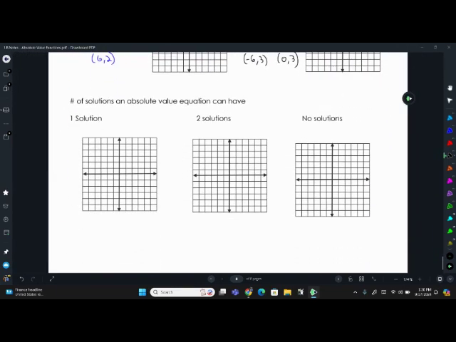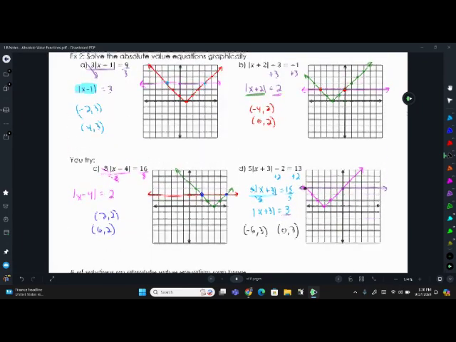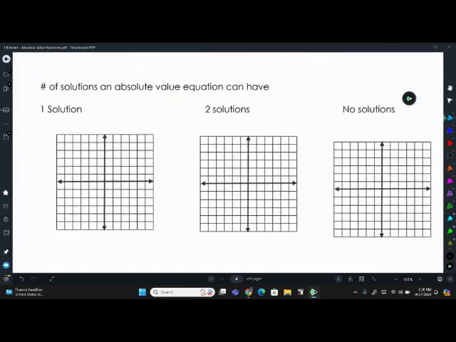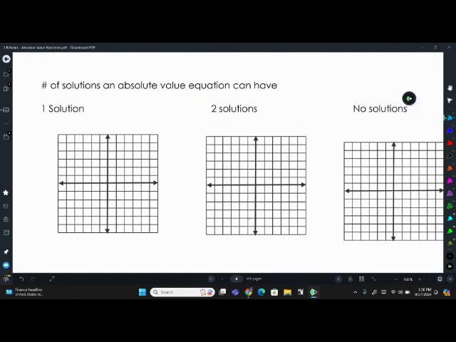So all four of these had two solutions because we had two intersection points. So what we're going to do down here is draw an example of each of these situations. If we had one solution, then it would look like this, going through the vertex, and we would have one intersection point.